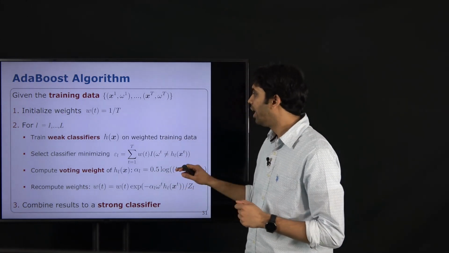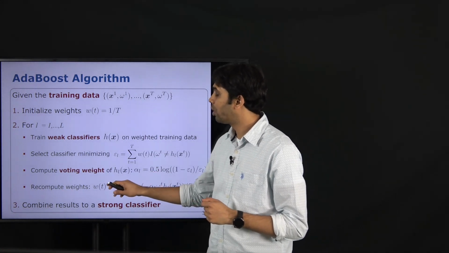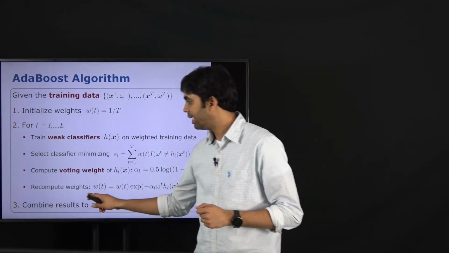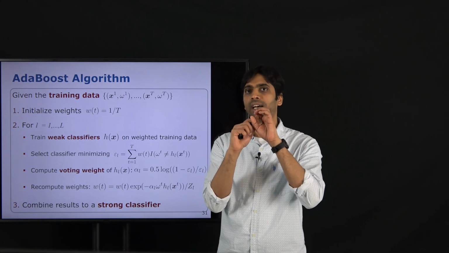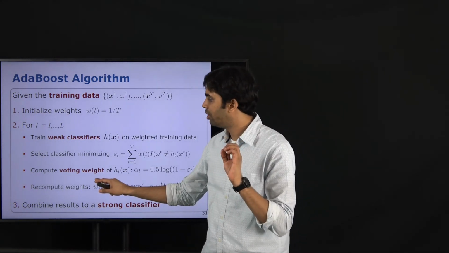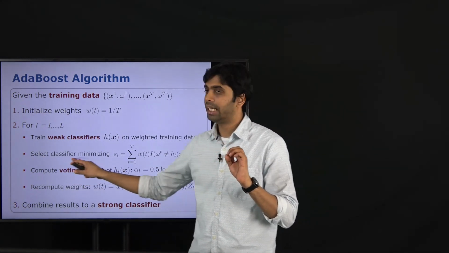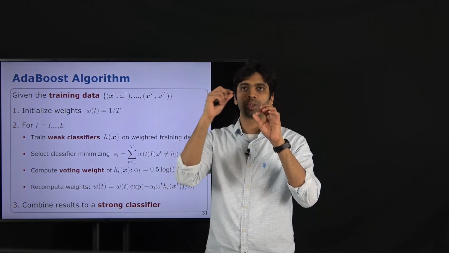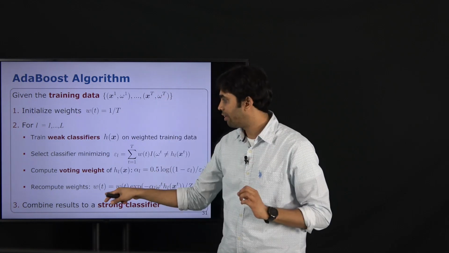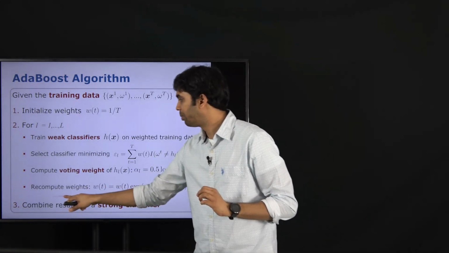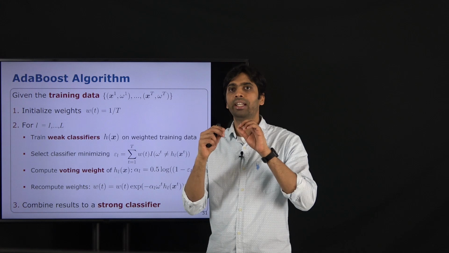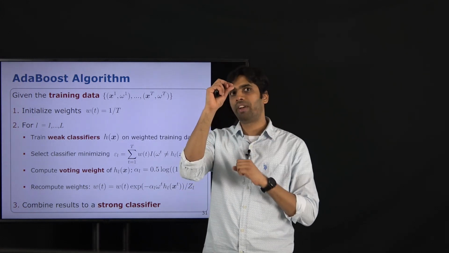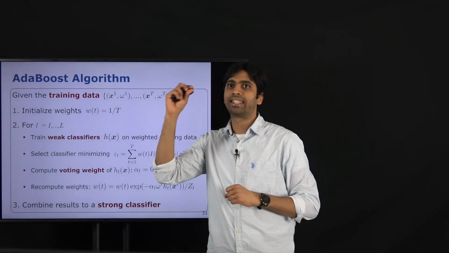Right? And then what we now have to do is also recompute the weight of individual training examples. So here we have to be careful. When I say the voting weight, this is the weight that I give to each individual classifier. So H1, H2, H3. And when I talk about recomputing weights here, I mean basically what is the weight for each individual training example.